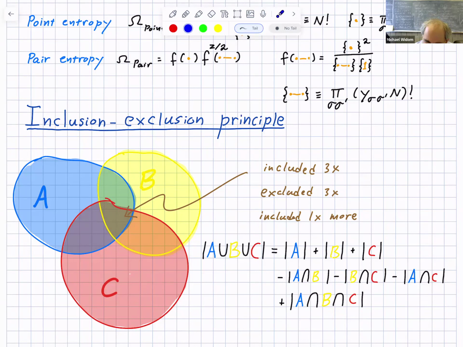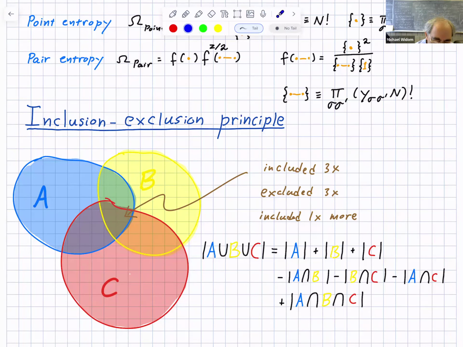Okay, and notice that there's this funny alternation in sign, where if we have 1 object, it comes in with a plus sign. If we have 2, it comes in with a minus sign. If we have 3, it comes in again with a plus sign.